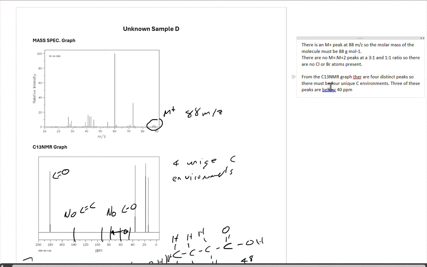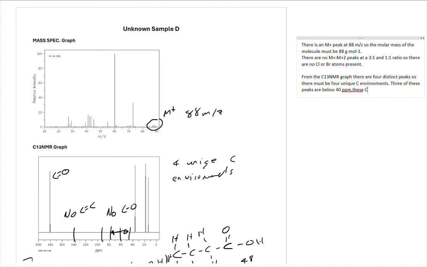Because they're below 40, these carbons have no carbon to oxygen bonds, or carbon to carbon double bonds.